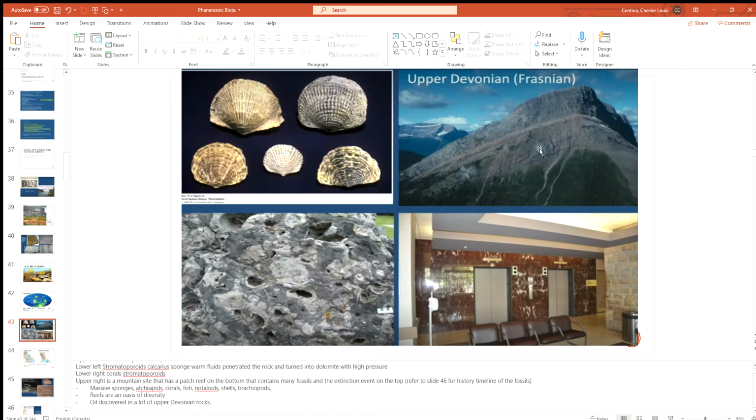So in this mountain it has a massive sponge, corals, fishes, nautiloids, shells, brachiopods. The reefs are an oasis of diversity. Oil is discovered in a lot of the upper Devonian rocks right here, but just know that this is the limestone, and it's a patch reef, and it contains many fossils. And then the extinction event goes up to the top, right there. Okay.